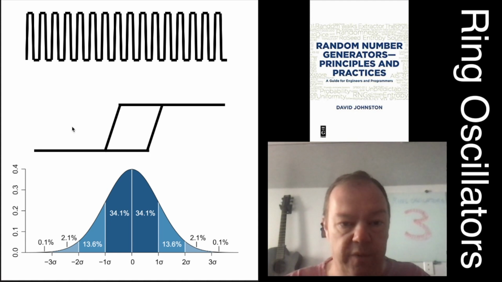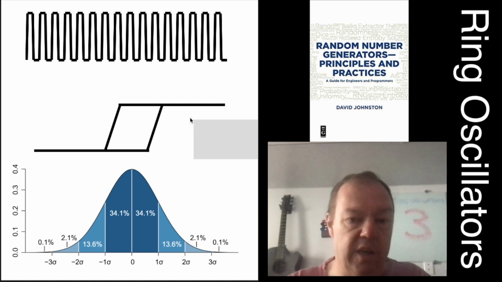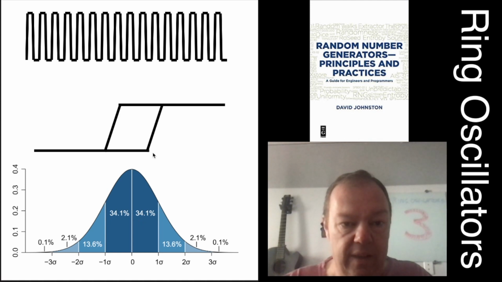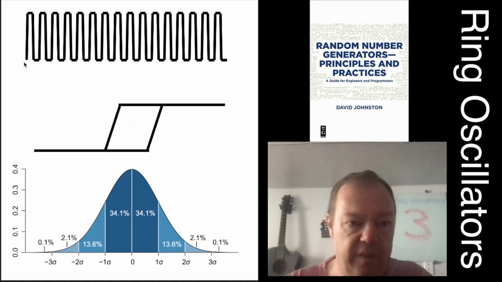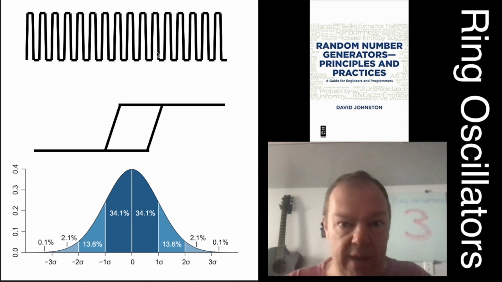So the actual variation is quite a lot larger. So now, when I'm sampling somewhere in this range, there are many possible ones and zeros I could hit upon.